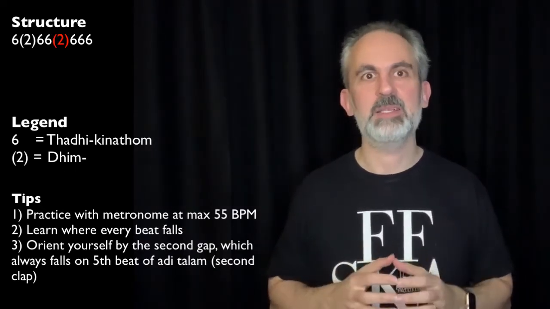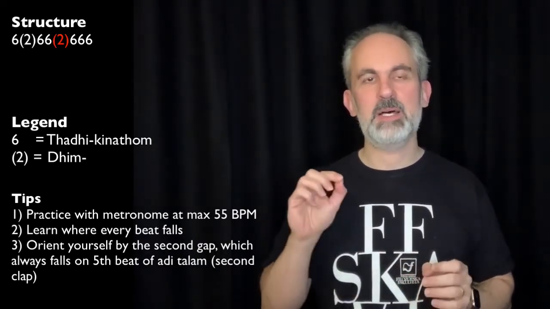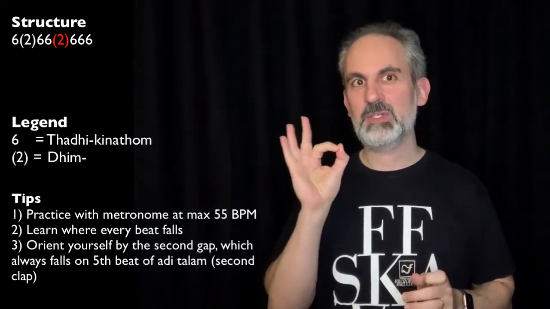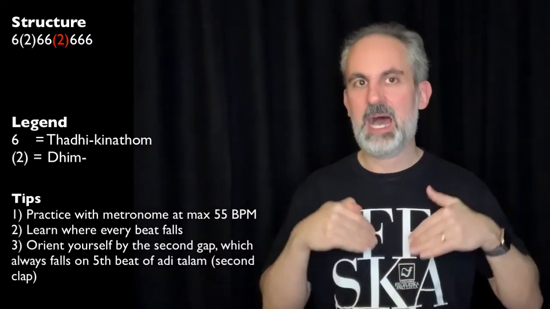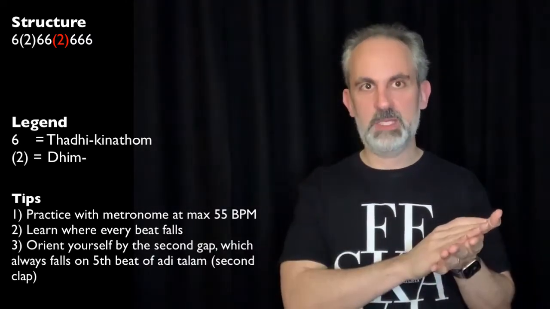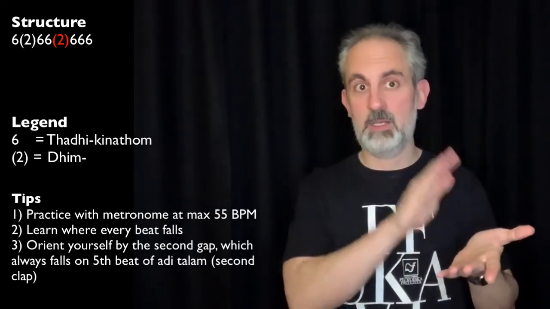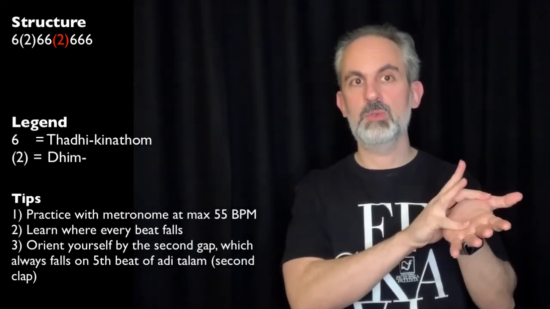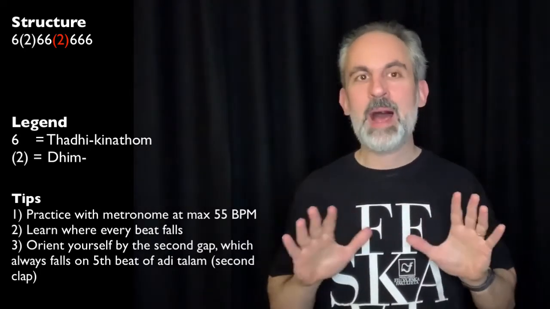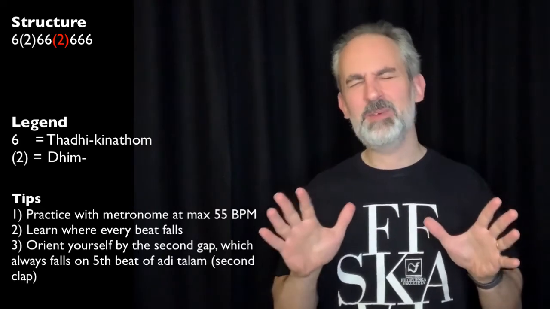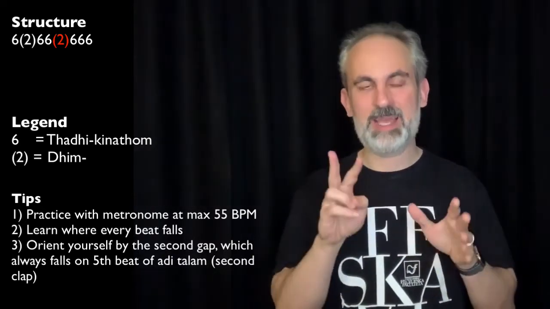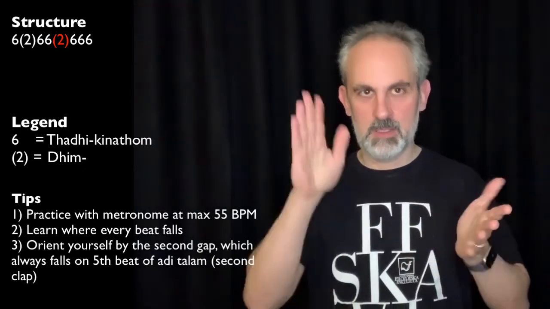That is highlighted here on screen, and in this case it is the second gap of 2, because that second gap, which has a value of 2, will always fall on the downbeat of the 5th beat, which, if you recall, in aditalam is a clap, because it's 1, 2, 3, 4, 5. So no matter where you start, or if you are not sure, you can guide yourself. When you go to Dhim, which is the second 2 gap, it's the downbeat.